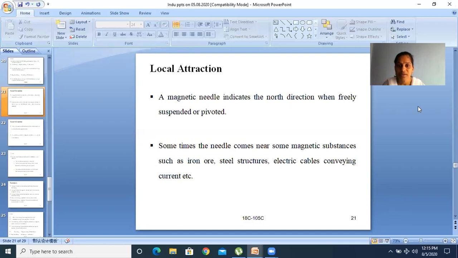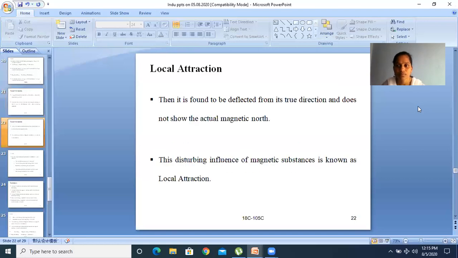So if at all any materials like these, that is magnetic attractive materials, are there at our station, then the freely suspended needle does not show the north direction.